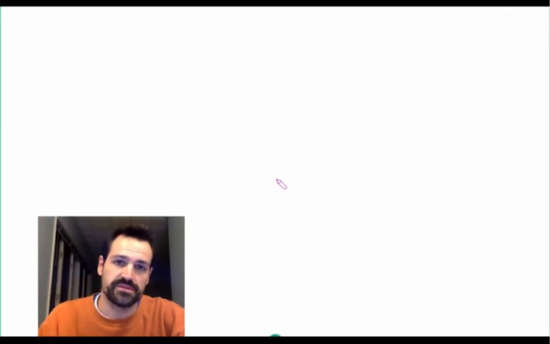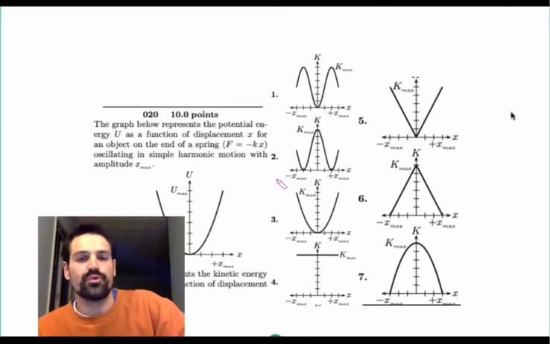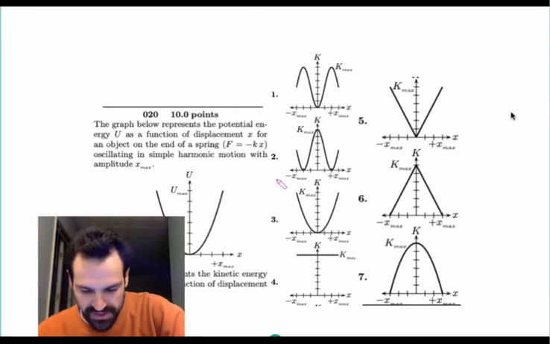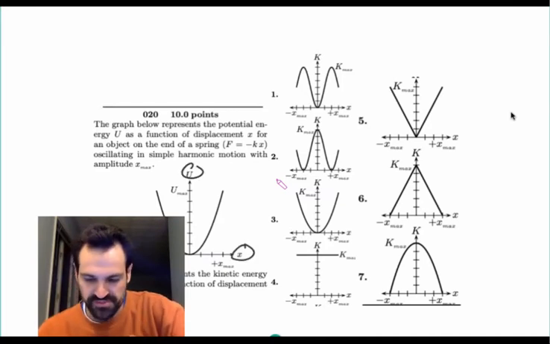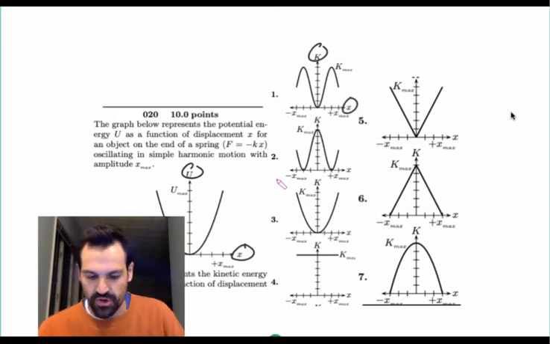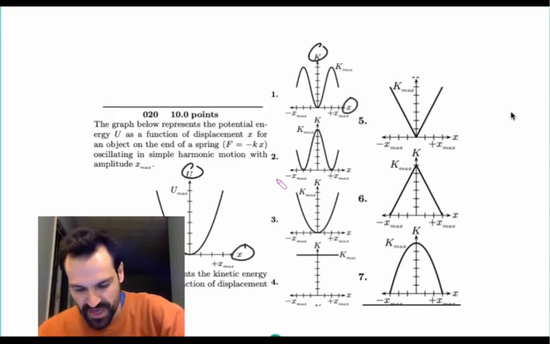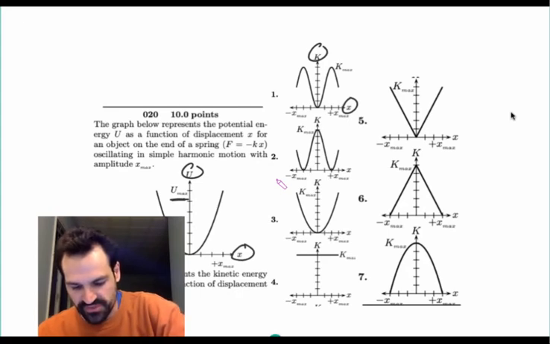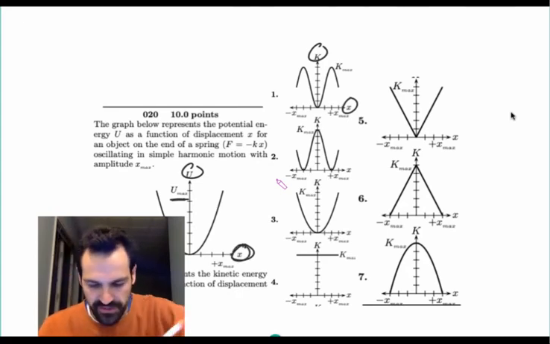Number 20. Ooh, we have a bunch of graphs. Right here, I see a position, I see displacement, and these are looking at kinetic versus displacement. So I'm sure with this potential energy versus position graph, they want us to figure out kinetic.